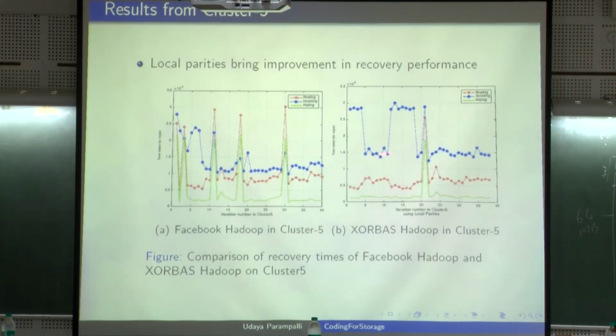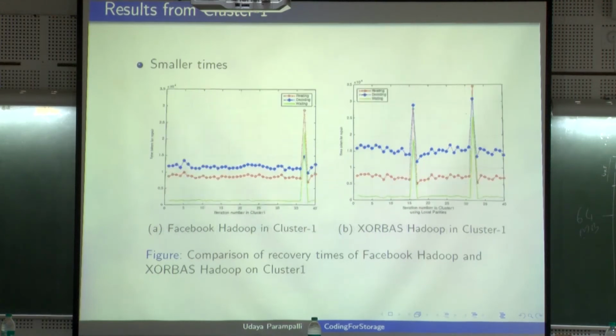So in cluster 5, Sorbus didn't provide much improvement. These are results from cluster 5. Then this is from cluster 1. You can see they are more or less around 1 point something. This is for the Facebook RS cluster, and this is for the Sorbus one. These are the simple results there.